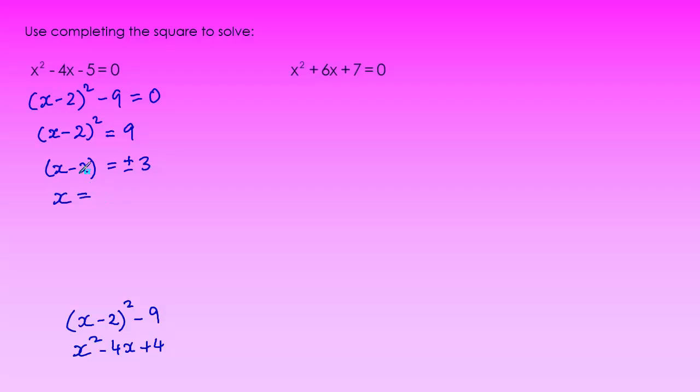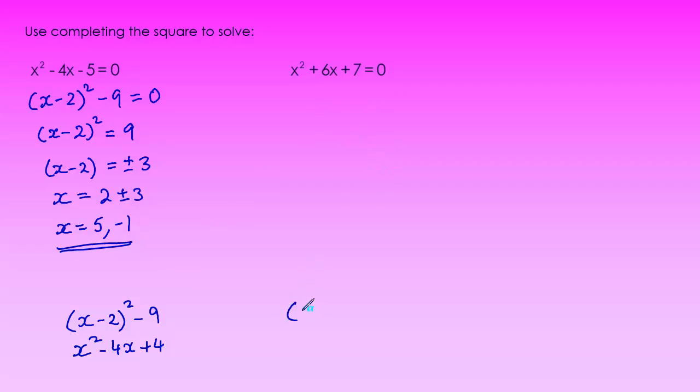Then bring the 2 over to this side, and we have 2 plus or minus 3. So x could be 2 plus 3, which is 5, or 2 minus 3, which is negative 1. Now most certainly this example is one that we could have factorized. But this one we would not be able to.